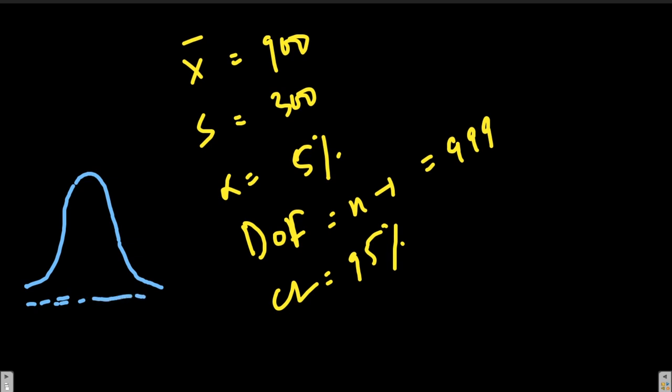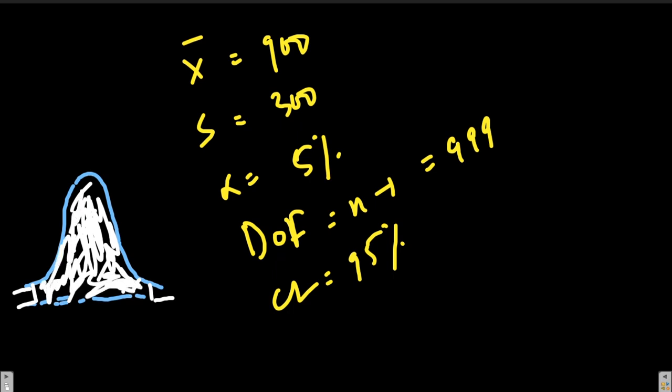So 95% is this region under this curve. Since it is symmetrical, the 5% will be spread across both sides, so I fill this, and this part is going to be 2.5%, and this part here is going to be 2.5%.